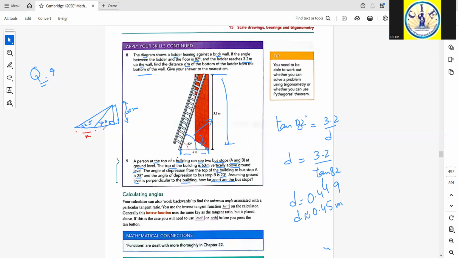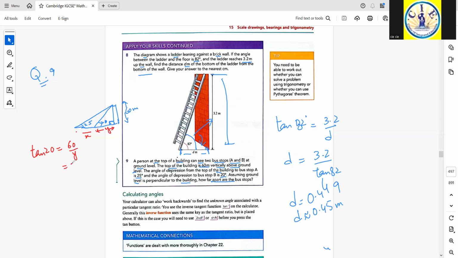So for this smaller triangle, let me have this distance to be denoted by y. So I can write down tangent of 20, that is 60 divided by y.